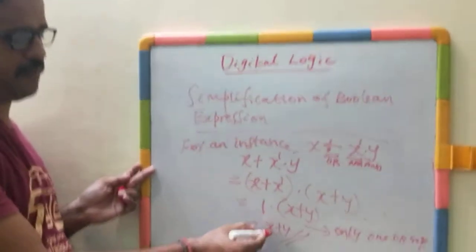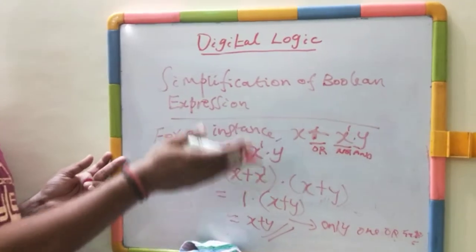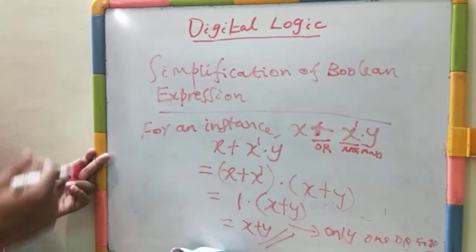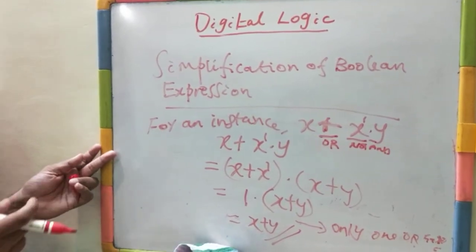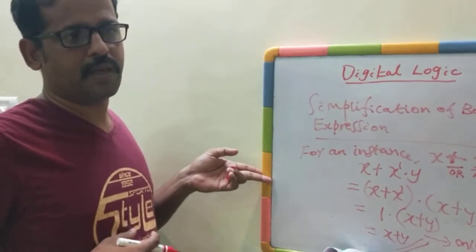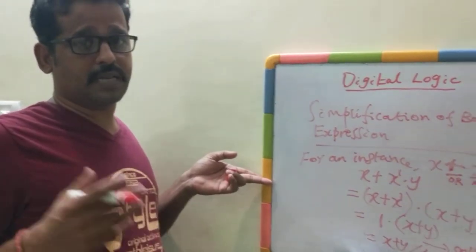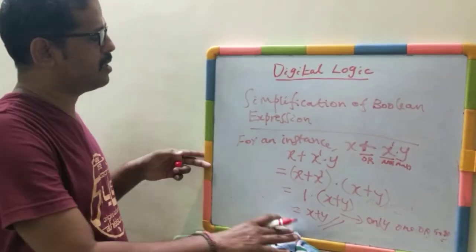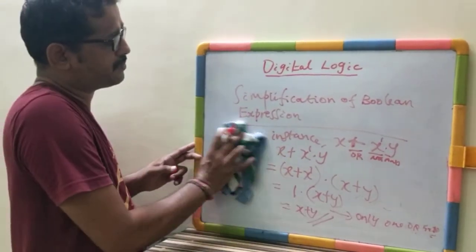After simplification, for an equivalent expression, we need only one OR gate to construct the circuit. That is why we go for the simplification of Boolean expression. This is how the size of digital systems has been reduced. Okay, we will see some more examples.